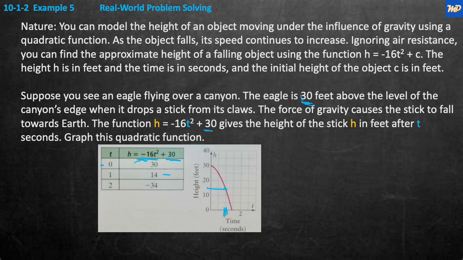And then after 2 seconds, here's an interesting point too. After 2 seconds, it will be what? Negative 34 feet. Well, is it still going to be moving? No. So in 2 seconds, if you look on our graph right here, I'm going to change colors to red.